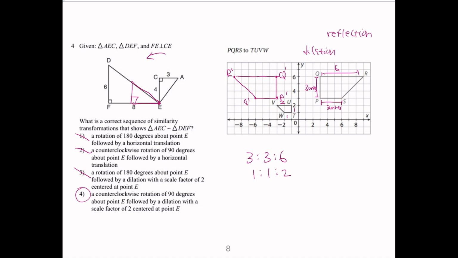That is a reflection over the y-axis, and then a dilation by a scale factor of 1/3, because to get from 3 to 1, 6 to 2, you have to multiply by 1/3. Reflection over the y-axis, and then dilation by 1/3.